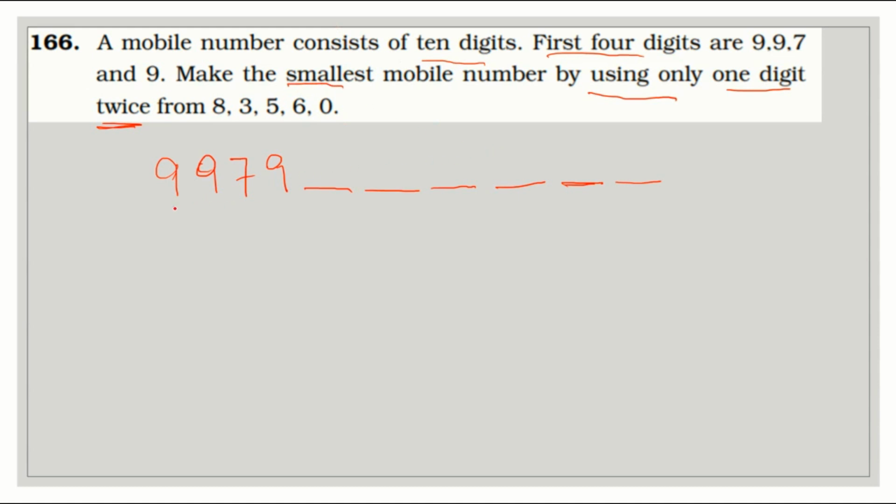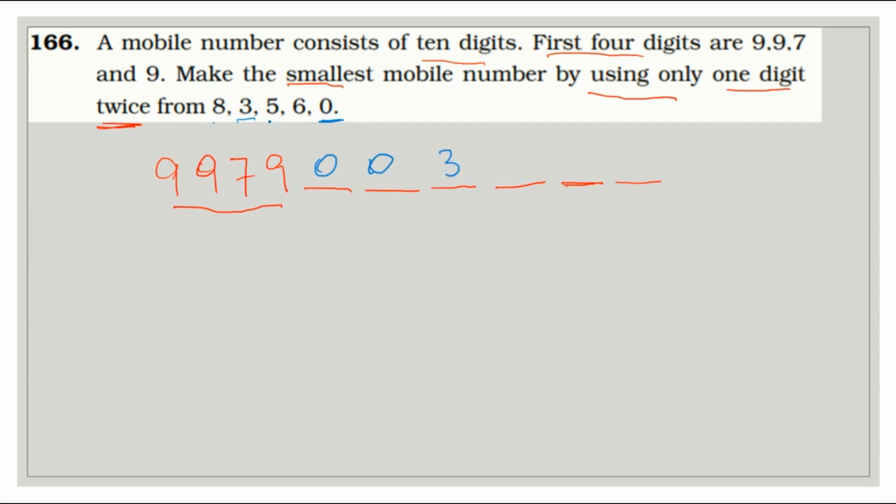See children, these are fixed. Now if I am making the smallest mobile number among the given digits, I better take the smaller one first. Among them, which is the smallest? 0 is the smallest, so I will repeat that twice. Next, a little bigger than 0 is 3, I will use it once.